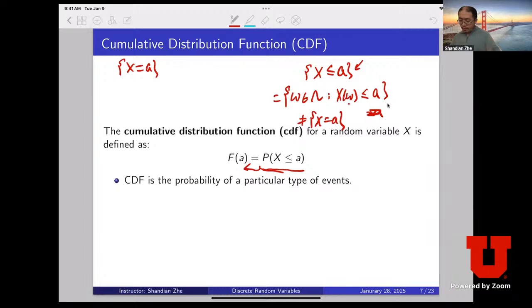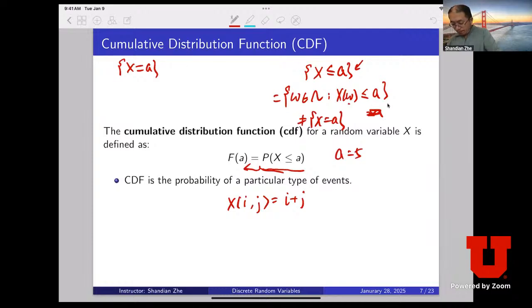Right? A quick review. We can just write out an example, right? For the sum of dice example again, if I roll the die twice, I define my random variable as their summation. So suppose you choose A equals 5, right?